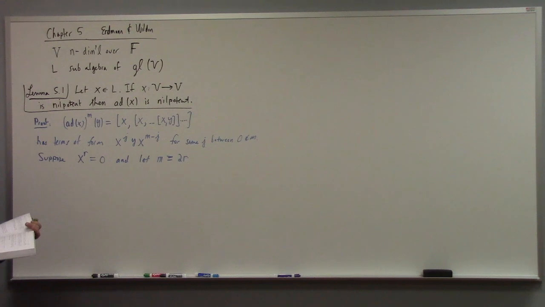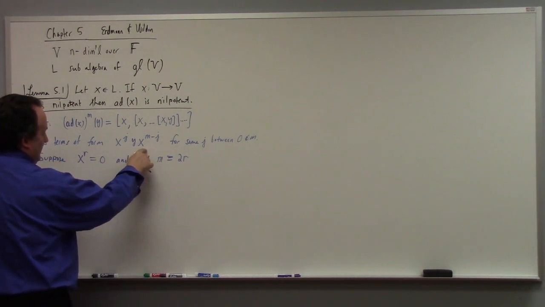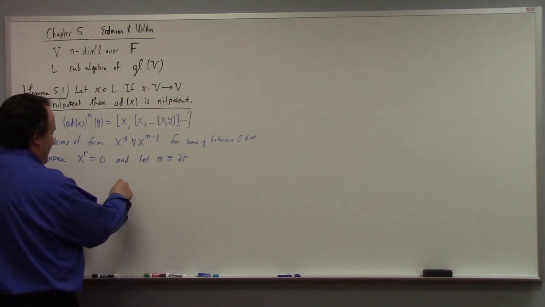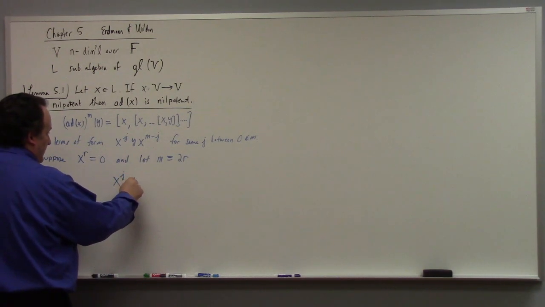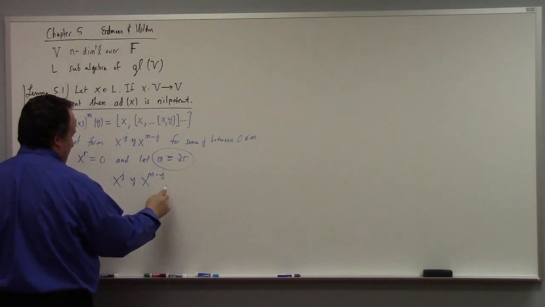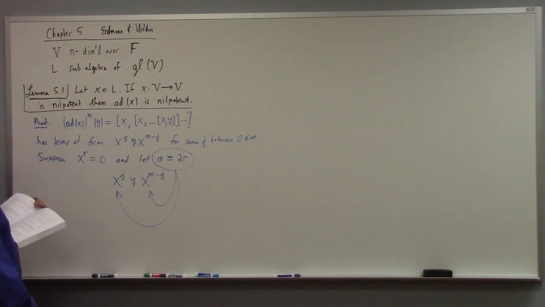So if we look at m greater than or equal to 2r here, see what that does? That means if you look at X to the j, Y, X to the m minus j, this condition forces either this or that to be at least degree r. So if j is greater than r, then that's 0.